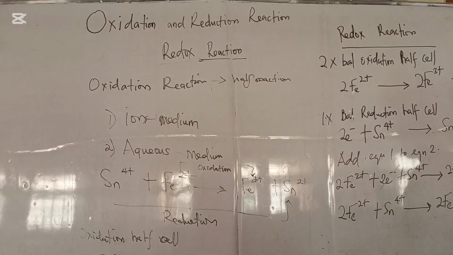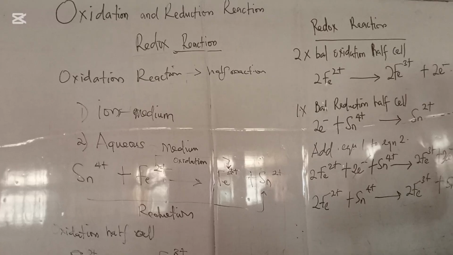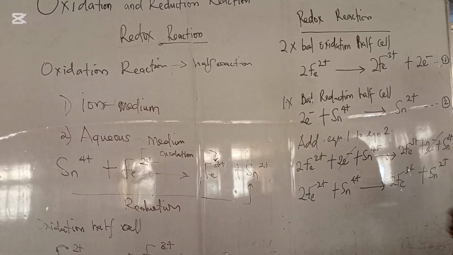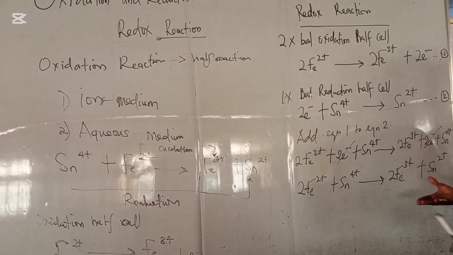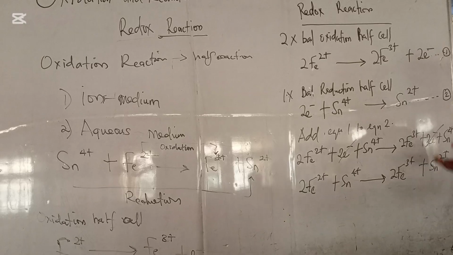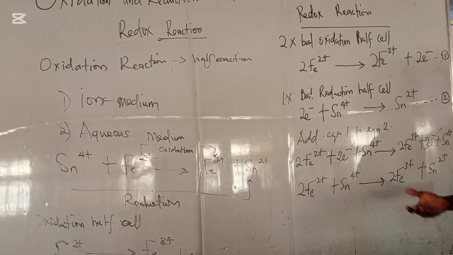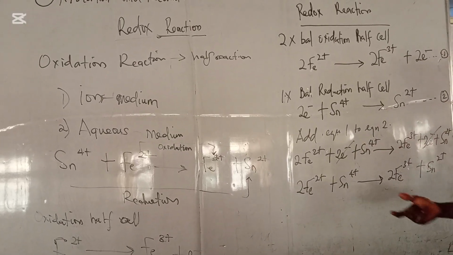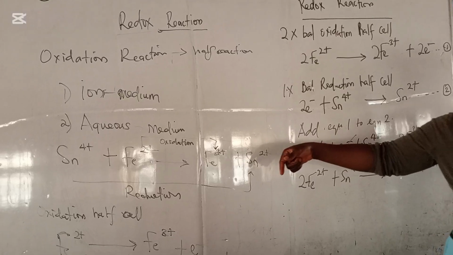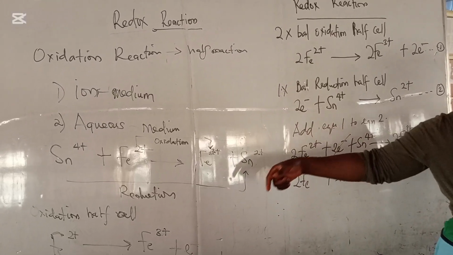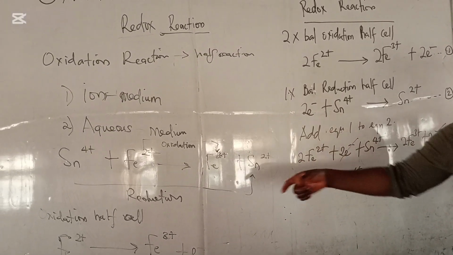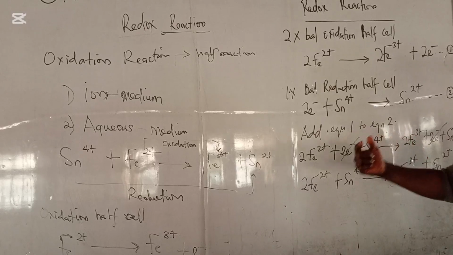Ion electron method, or we say ions electron method. Now when you have done this, you will now look at it. Is each of them balanced? If it is not balanced, it means that you have made a mistake either from the reduction half cell or oxidation half cell. So you start all over again.